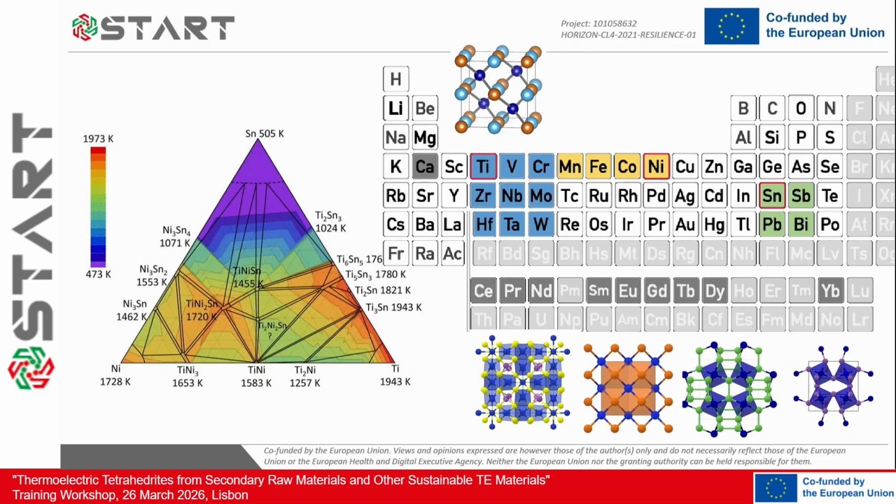This is a ternary diagram for titanium nickel tin, but titanium is often substituted with zirconium, hafnium, and the tin itself can be substituted by other elements, each of them driving the cooling pathway to a different route.